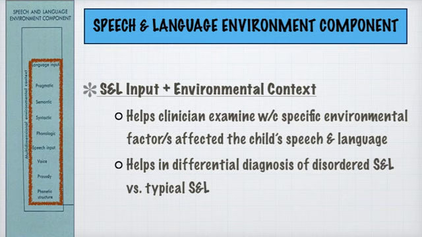Next. So the speech and language input plus the environmental context helps the clinicians examine which specific environmental factors affected the child's speech and language. Okay? Like, could it be ang katong input of language nga maybe dili enough ang pagka-expose niya to different words or different objects, different uses of language?